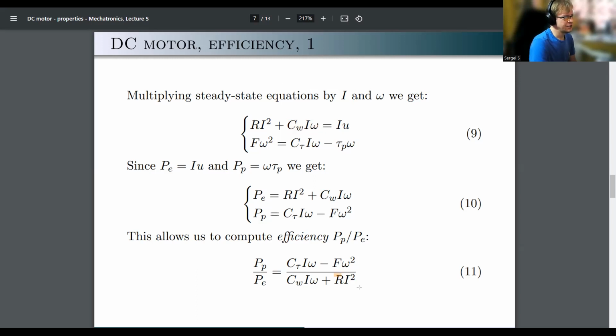So this is associated with the resistor. By the same token, this term is mechanical power associated with viscous friction. Viscous friction has a torque that is multiplied by angular velocity, and you get a power. So this describes how much power viscous friction saps from the system.